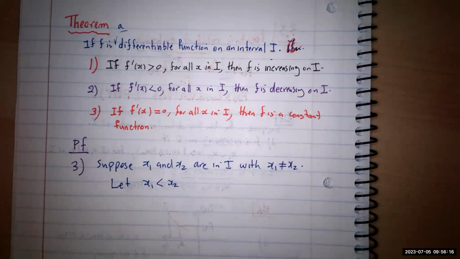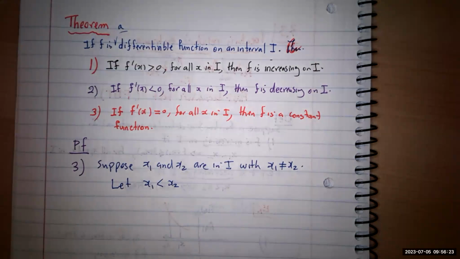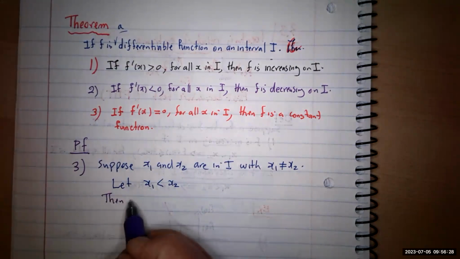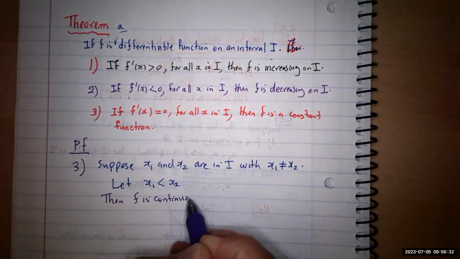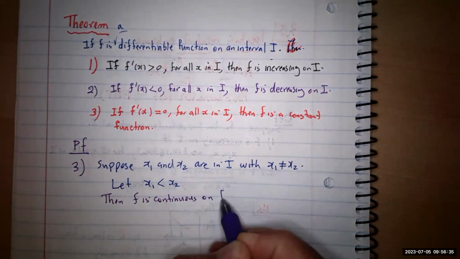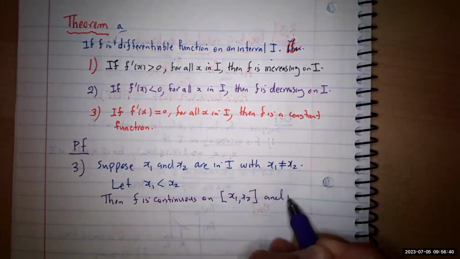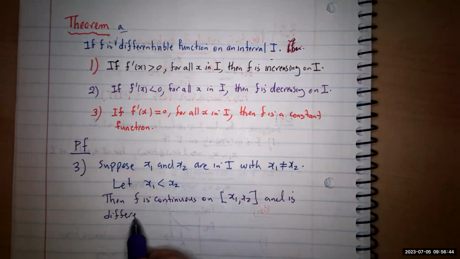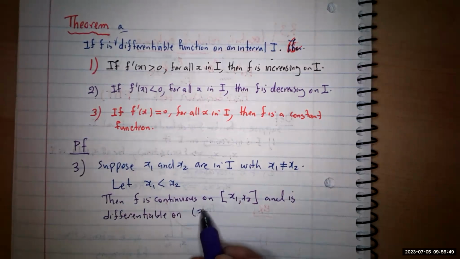Then what you are going to do is, your function is differentiable. When a function is differentiable, it's continuous. So you can say that f is continuous on the closed interval of x1 and x2, and is differentiable, because it's given to you, on the open interval of x1 and x2.